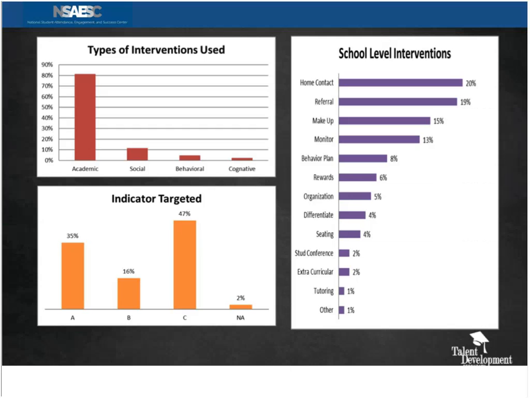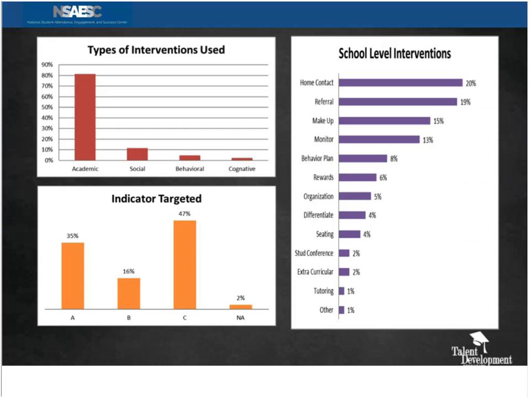And this is another example of the types of graphs that can be created from using those two previously shared spreadsheets. And also, there's a way for you to create pivot tables in Excel that you may want to look into as well. But you have the ability to focus on so many different things when you're conducting an intervention review.